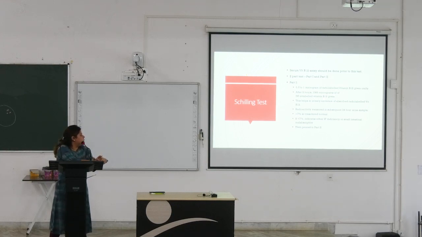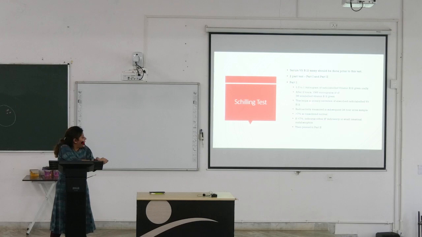So what this does, the IM injection goes to the blood and it binds the transcobalamin. So this has bound the transcobalamin. Now the radio-labeled vitamin B12 can be absorbed. The one which was given orally, it can be absorbed by the intestinal epithelial cells.